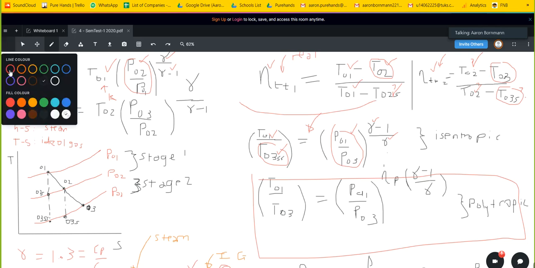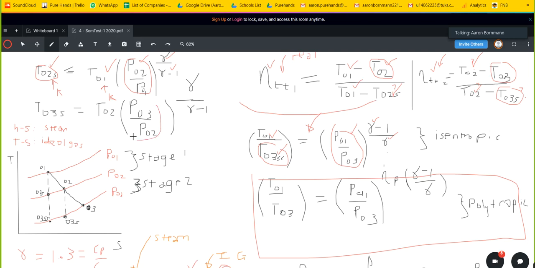So then you know what this pressure ratio is here. It's the same as this one here, 2.5. We know what this is because we solved it. We solve for that, which means we can therefore find T03.